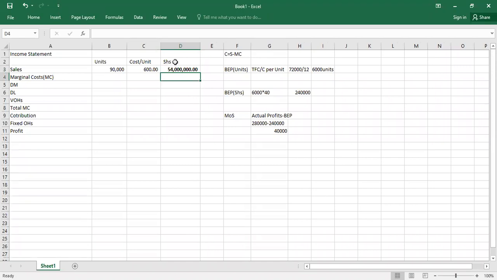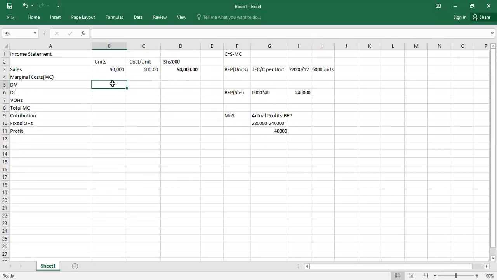I can decrease this. Those are so many zeros. Let me just write it in 000, like an accounting student, and omit the 3. That's better. We go to the marginal cost.